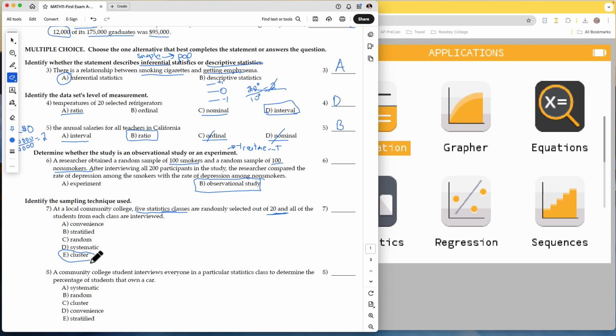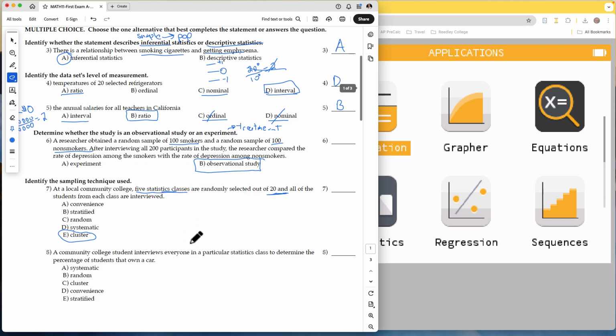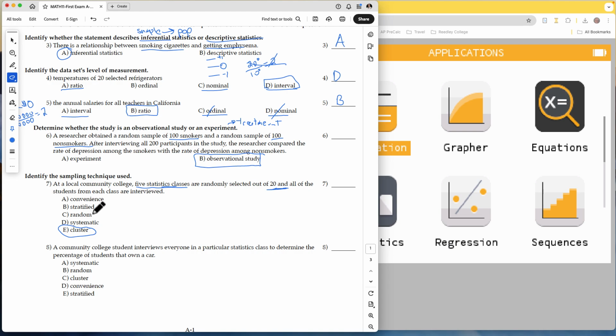That would be stratified. Cluster is they're broken into groups. Think about it kind of like by location, because each class would be in a different location. They're grouped physically, and then you interview everybody in there, but you randomly choose which clusters are going to get asked. So these B and E are very similar, but this would be E, and this would be B.